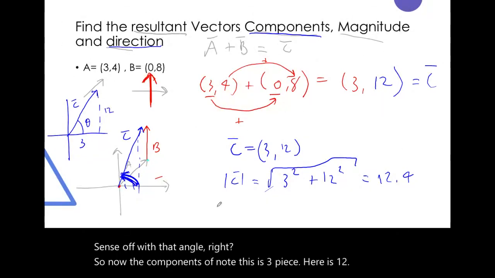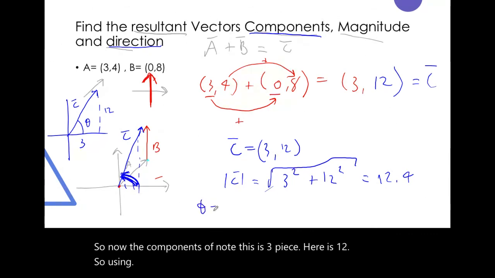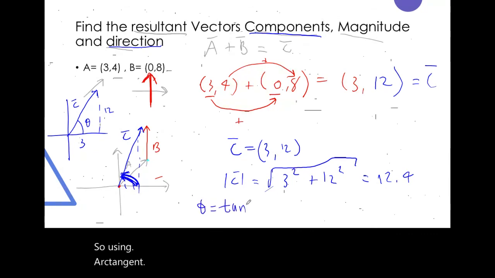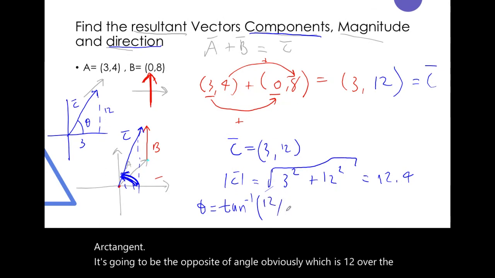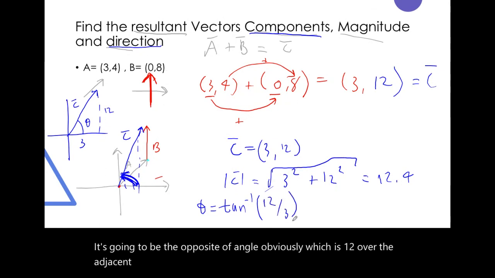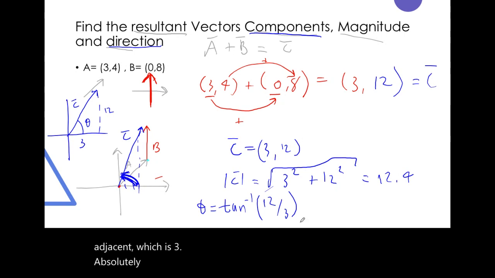So using arctangent, it's going to be the opposite over the adjacent, which is 12 over 3. Let's see what that gives us.